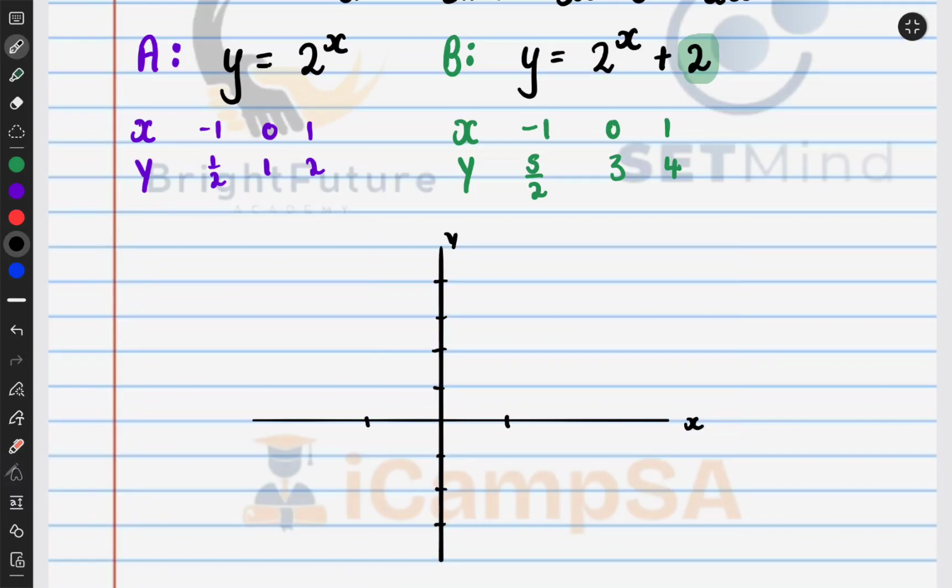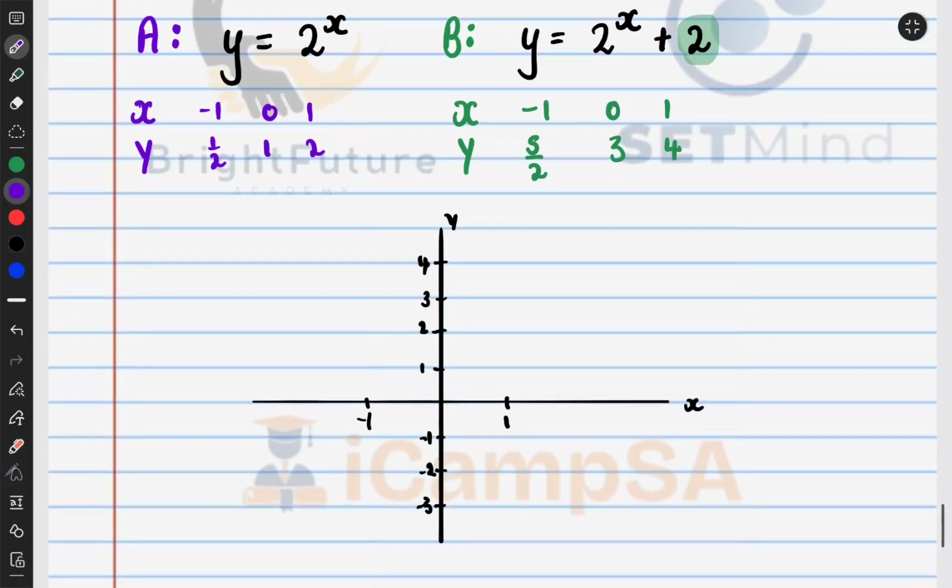For function a, where x is -1, y is a half, and at 0 and 1, and 1 and 2, you join the coordinates, the points.